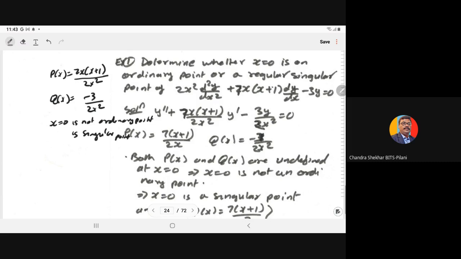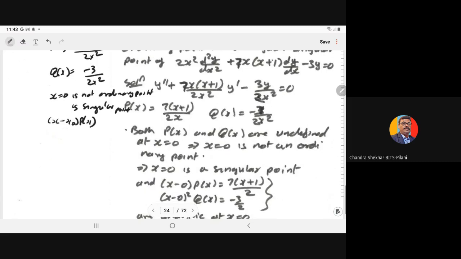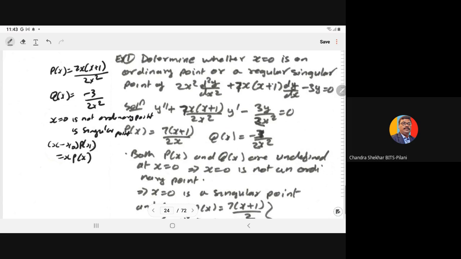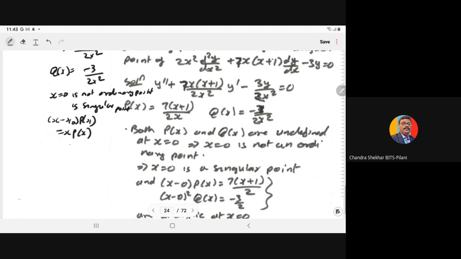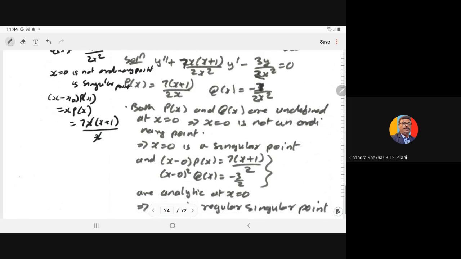Then we have to compute x p(x). In general, we have to compute (x minus x naught) into p(x), and x naught is 0. So here we compute x p(x). x and x cancel out, so we have 7(x plus 1) upon 2. If you put x is equal to 0, it will give you 7 by 2, so it is well defined.